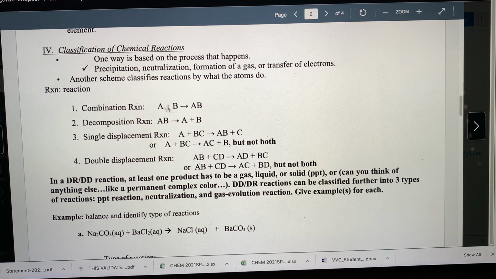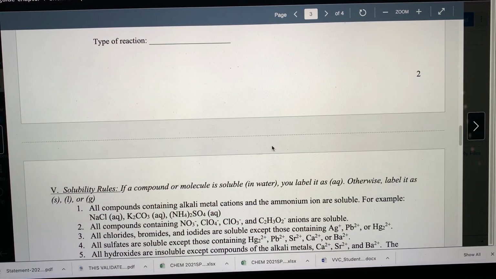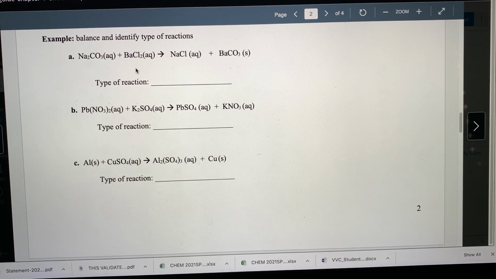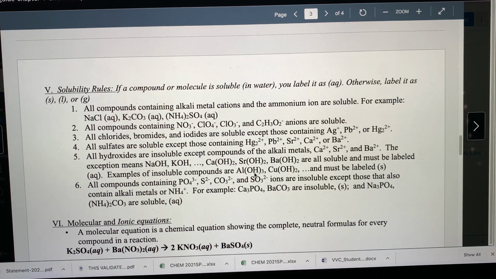Here we have either combination, when two substances combine together, decomposition, breaking apart from one compound into components, single displacement, when one single element displaces another element in a compound, and so on and so forth. And the main focus is first the balancing equation. Check every single element, make sure they're equal, and then we can talk more about it.